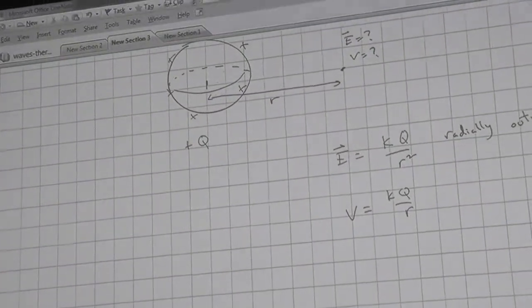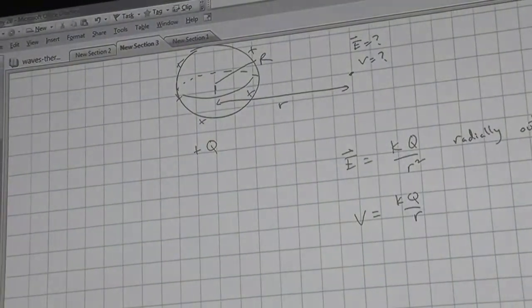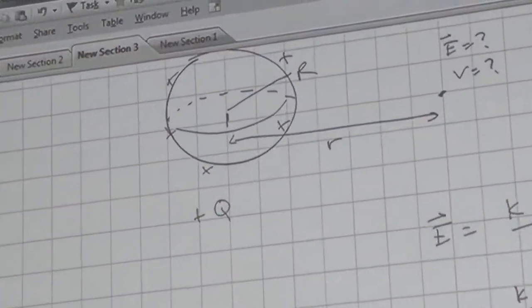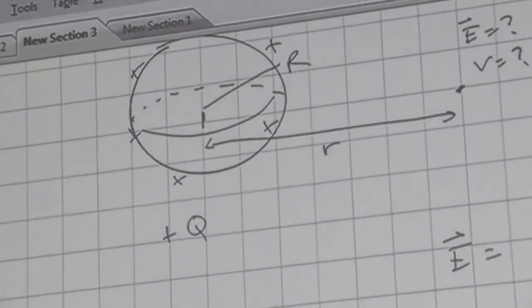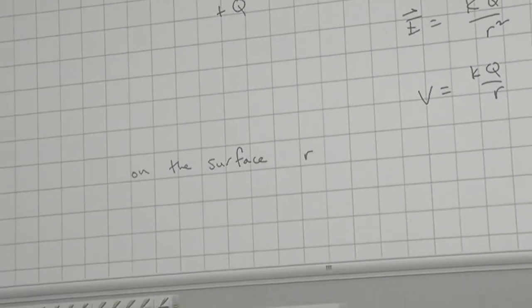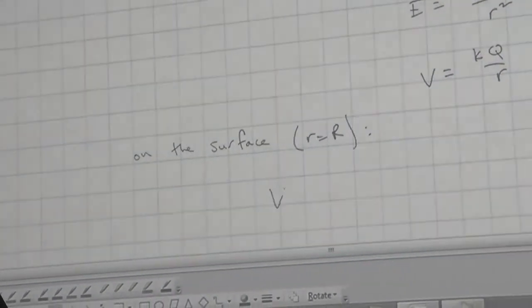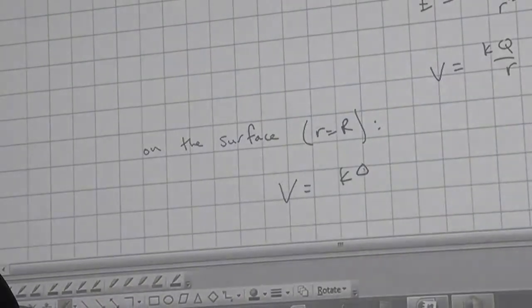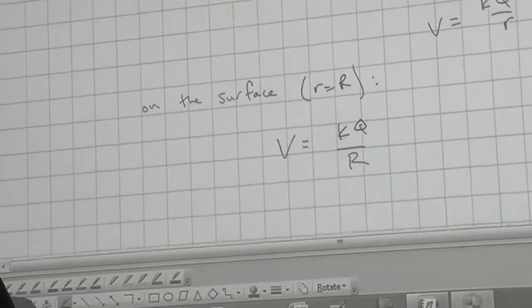And when I get to the radius, capital R, what do I get? KQ over capital R as my potential.